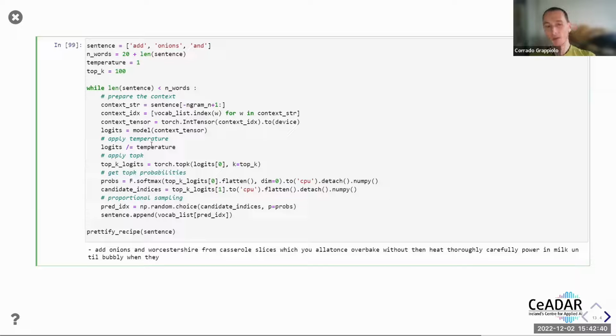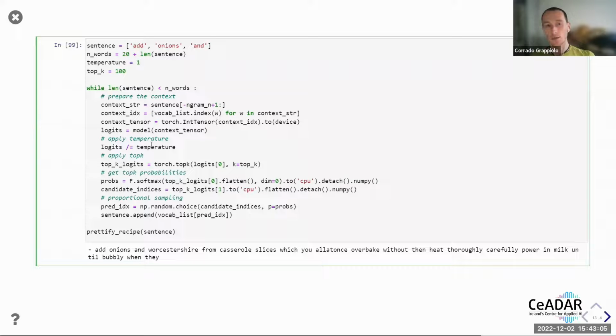Now, in this case, we talk about a fairly simple model that was trained over 5 epochs only, but you can imagine that if we train this model on a much larger corpus of, I don't know, 1 million recipes, and for thousands of epochs, then the network would be very able to generate coherent recipes.